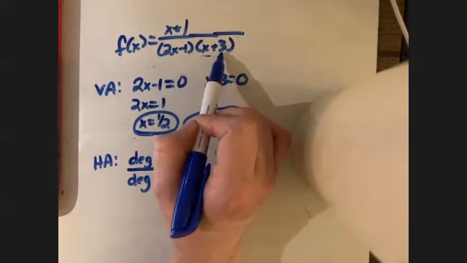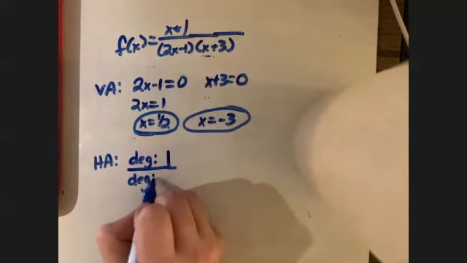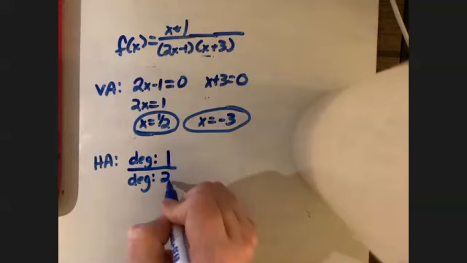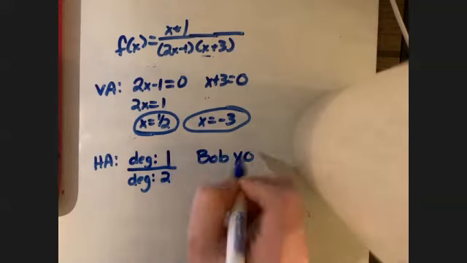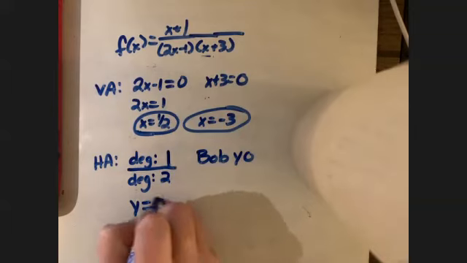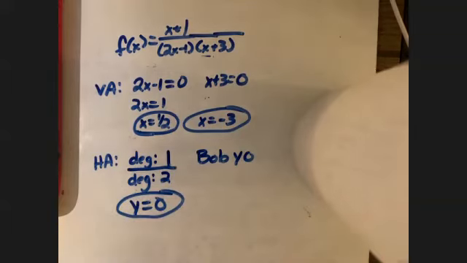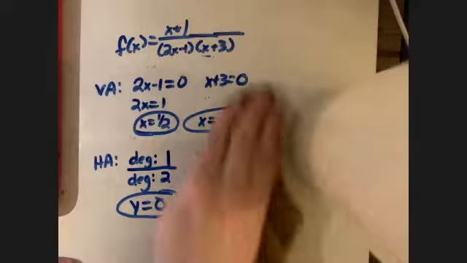The squared part of that says that my degree is 2. We have a bigger power on the bottom, so we are Bob, yo. So we have y equals 0 as a horizontal asymptote. Again, if there's a horizontal, there's not going to be a slant. Slants only come up when we're in a bot-no situation, and the degree on the top is exactly 1 higher.